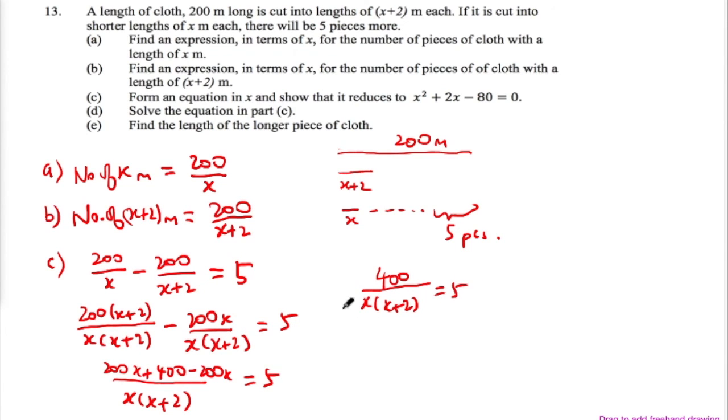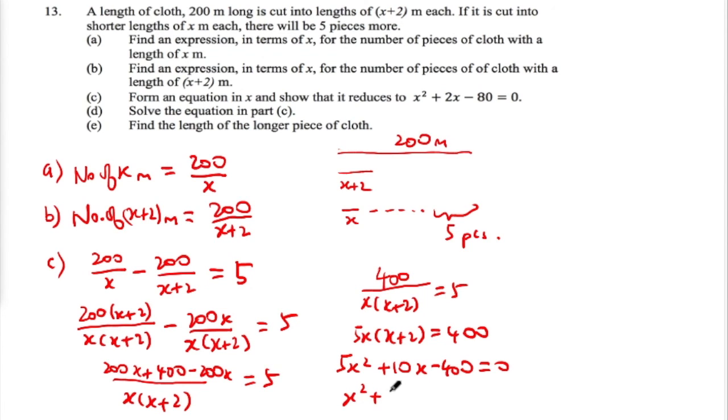Cross multiplying, we will have 5x(x plus 2) equals 400. Then we open it up and make the right hand side 0, and divide throughout by 5, thereby getting the required expression.